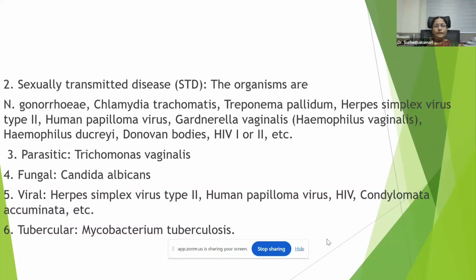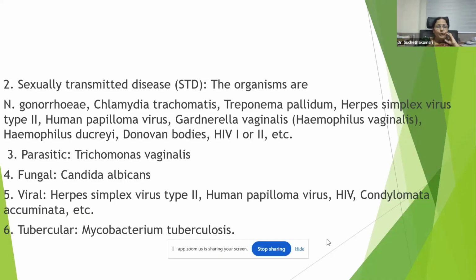They are Chlamydia trachomatis, Treponema pallidum, herpes simplex virus type 2, human papilloma virus, Gardnerella vaginalis, etc., and also HIV-1 or HIV-2. Among these, organisms like the human papilloma virus are the most common cause of cervical cancer in females. The next group is the parasitic organisms like Trichomonas vaginalis.